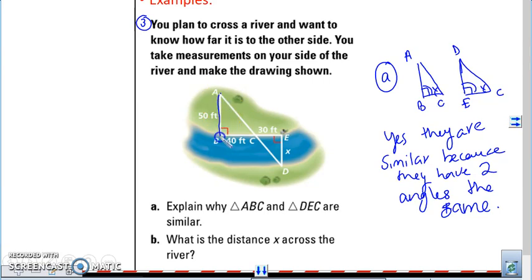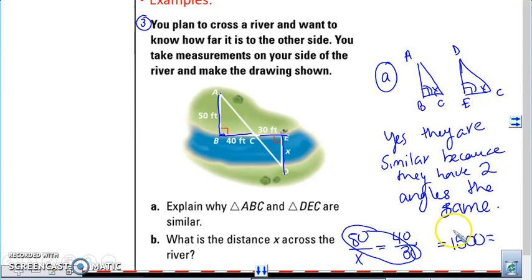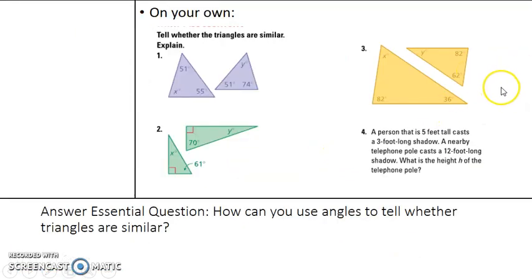All right, we're going to do big side to big side, 50 over x equals, then go back to that first triangle that you took 50 from, small side 40 to small side 30, and solve for it. 50 times 30 is 1,500. 40 times x is 40x, divide by 40, and x equals 1,500 divided by 40, which is 37.5 feet. So this distance, 37.5 feet.